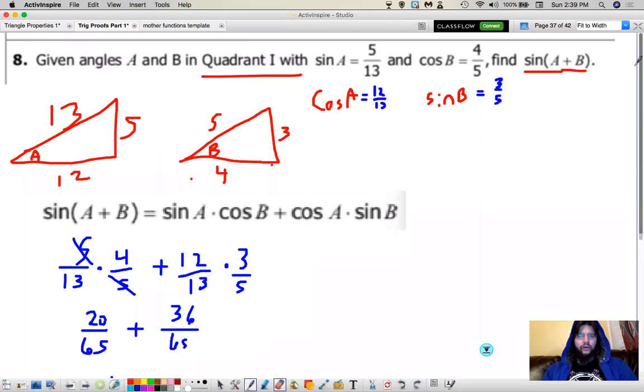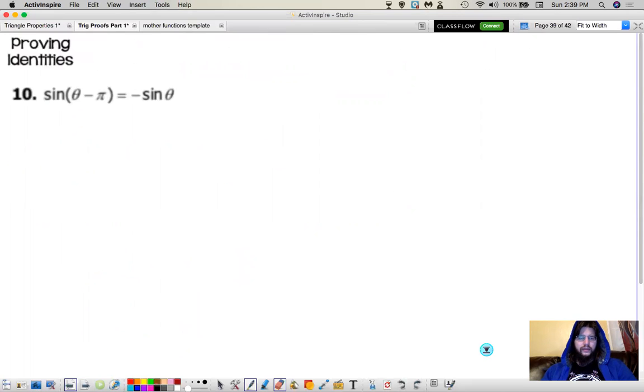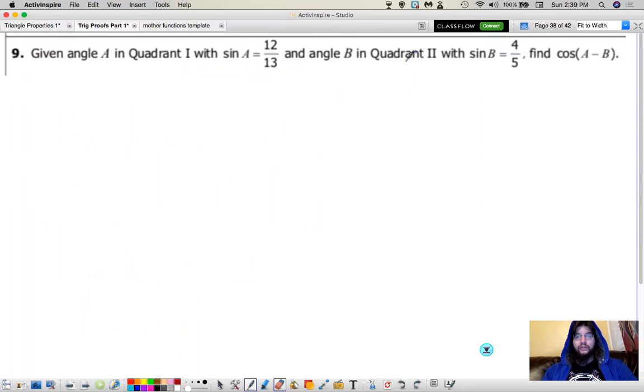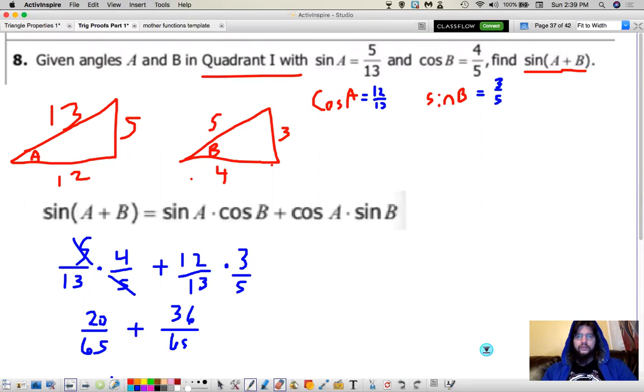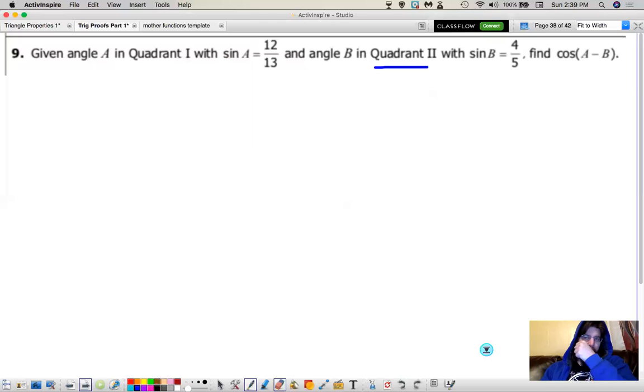Now, if this was in a different quadrant, we'd have to take care of our negative signs. Let's see if the next one's in a different quadrant. Oh, yeah. Quadrant 2 right here. So sine of A is in quadrant 1.